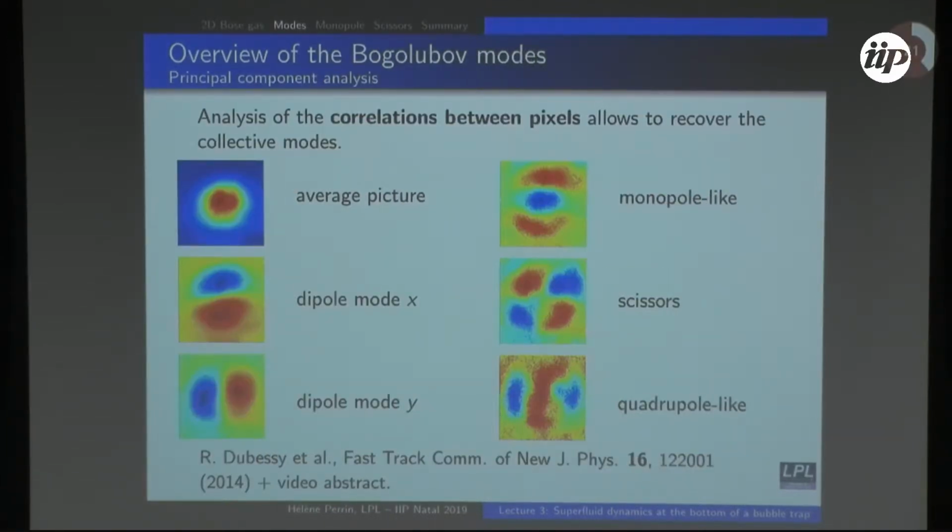And so what we do to get the modes which are excited is to make a principal component analysis on the pictures, which corresponds to a pixel by pixel correlation of all the 133 images, and then to find the eigenvectors, the principal components, by diagonalization of the correlation matrix.